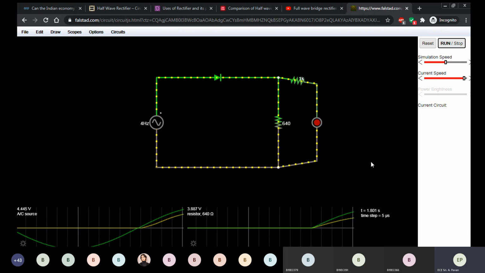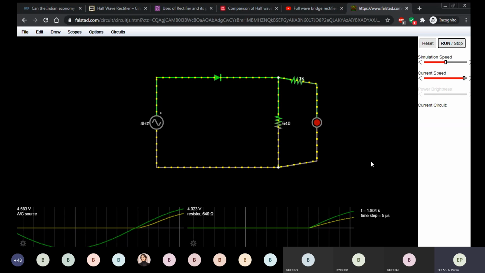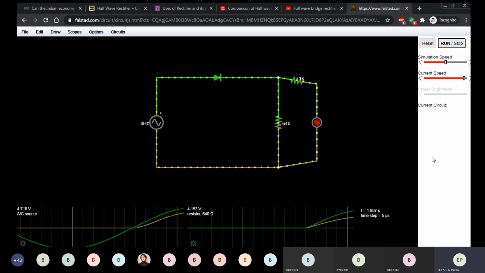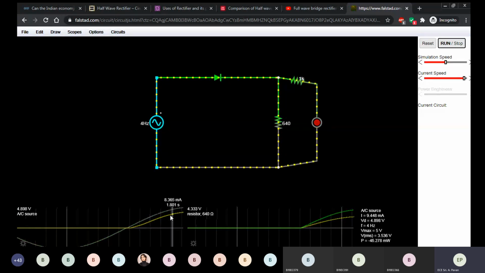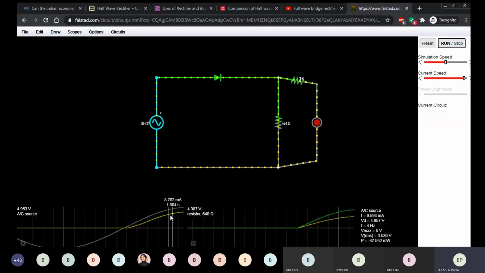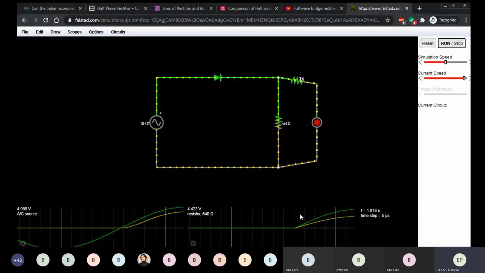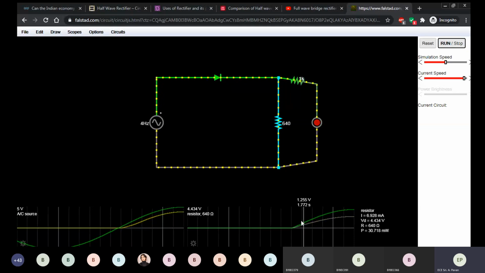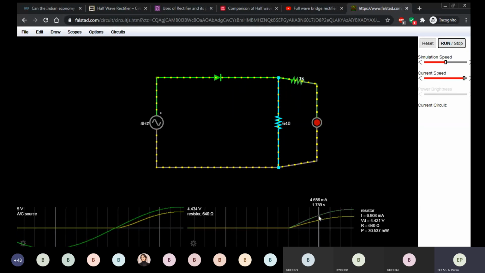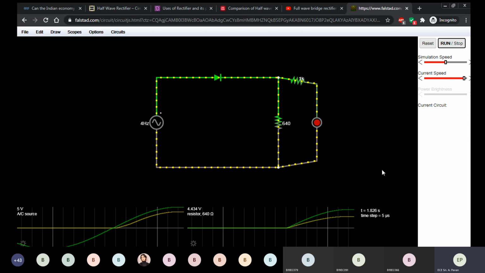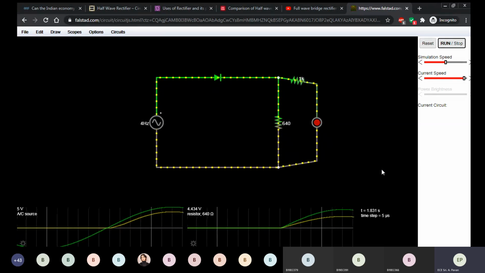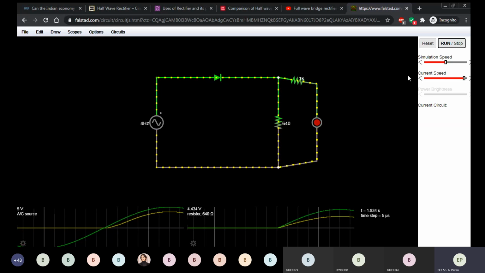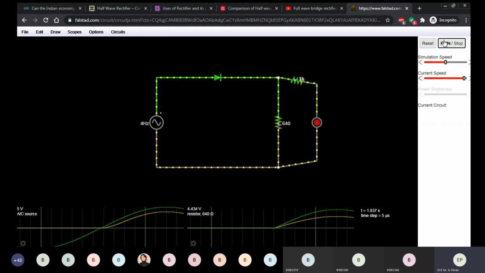As this entire input waveform is positive, during this duration the diode is on. That's why it is green. If the diode is on, the output LED is on. That's why the output is like the input. Why? Because the diode will act as a short circuit. It is fine, right?